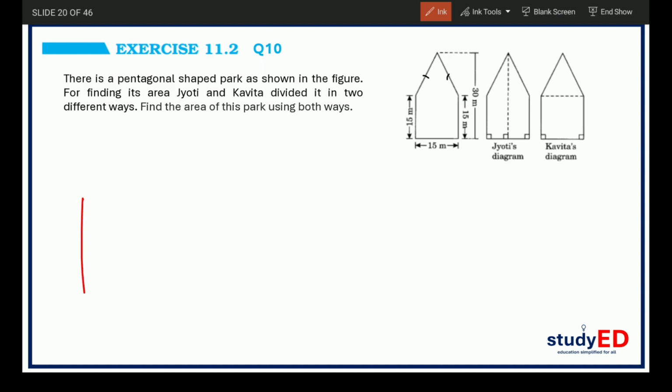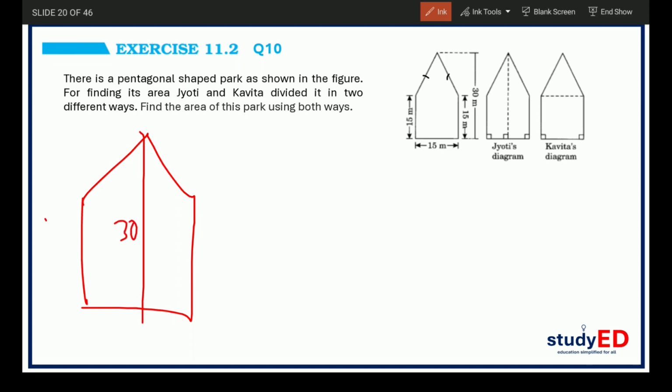Jyoti's diagram, as we see here, is divided into two trapezoids, and through this figure we can analyze the middle is 30, 15, 15, 15, 15. Therefore, to find the area of Jyoti's diagram, we just divide this into two trapezoids, and both of them should be equal.